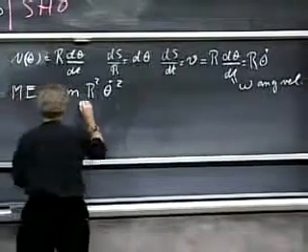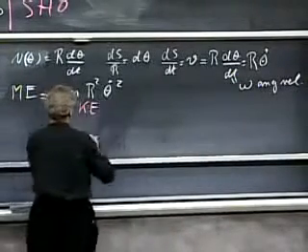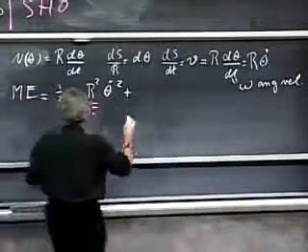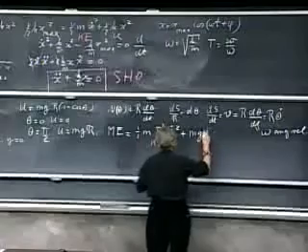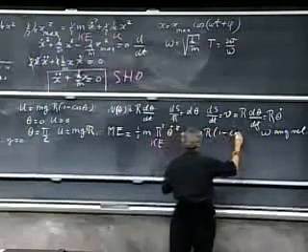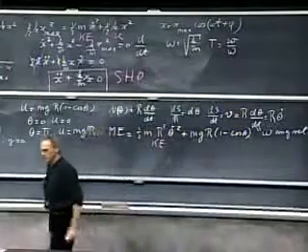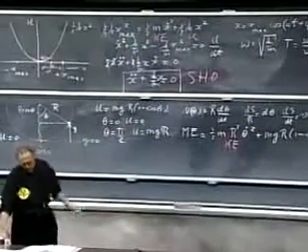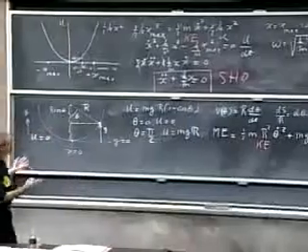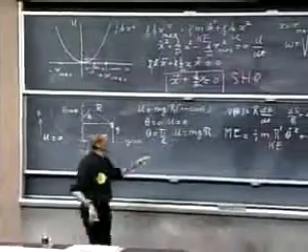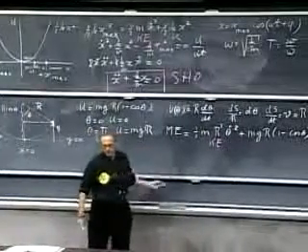So this is the kinetic energy, plus the potential energy, which is mg times r times 1 minus cosine theta. And this is always the same, independent of the angle of theta, because gravity is a conservative force. So this is the conservation of mechanical energy.